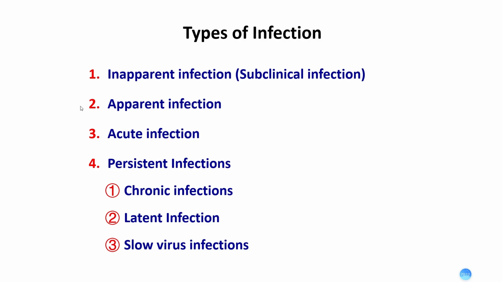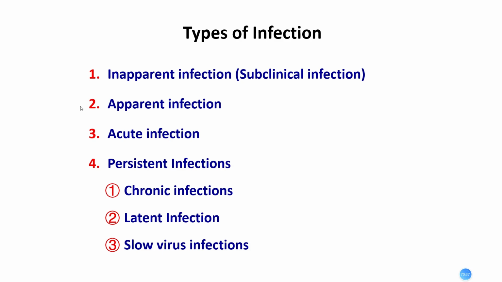Then apparent infection, so that's infection with symptoms. Acute infection, that's when the onset or progress of the disease is sudden and fast. And it can also form persistent infections such as chronic infection, latent infection, slow virus infection.